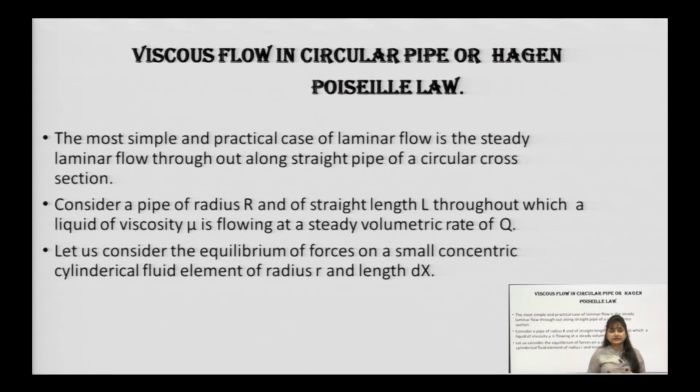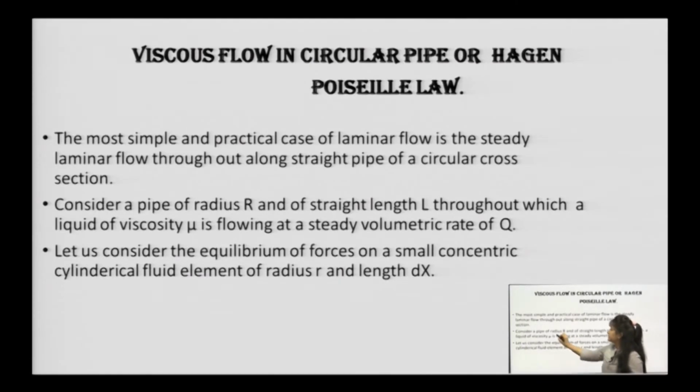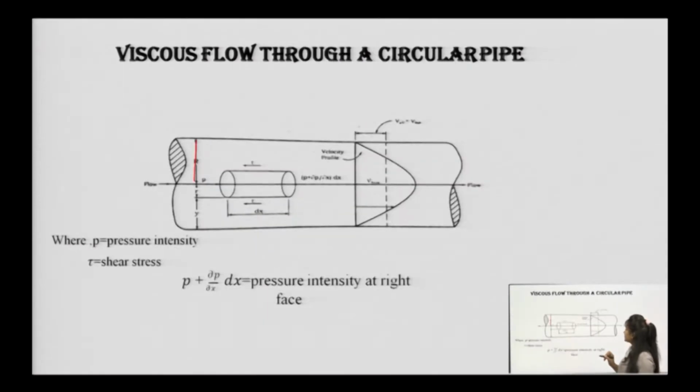Now let us consider a pipe of radius capital R and a straight length L. This is the circular cross section, with radius R, it is straight, and we have marked its length as L.